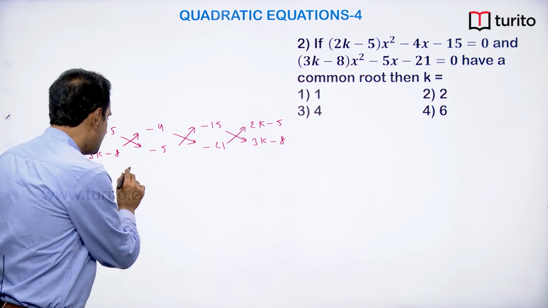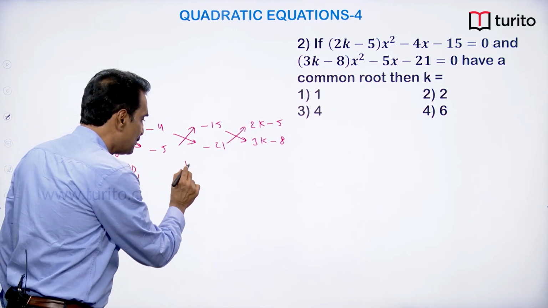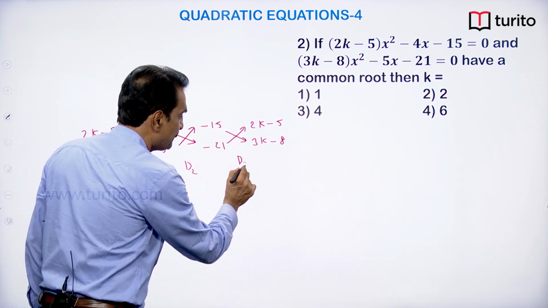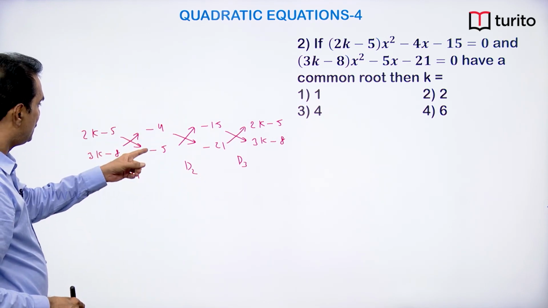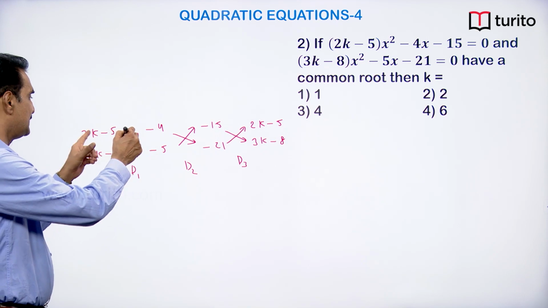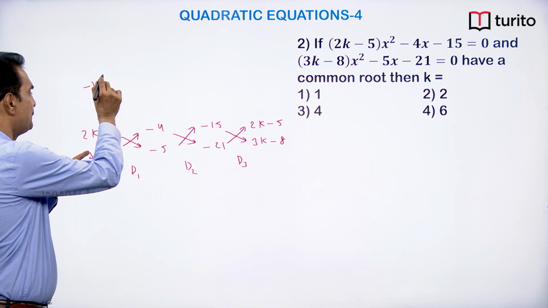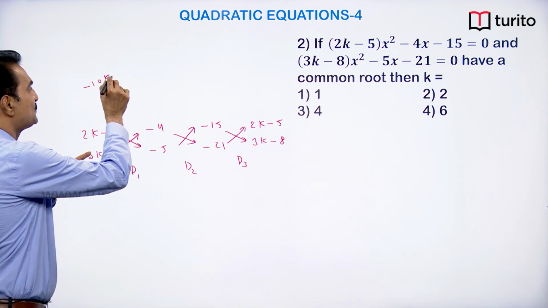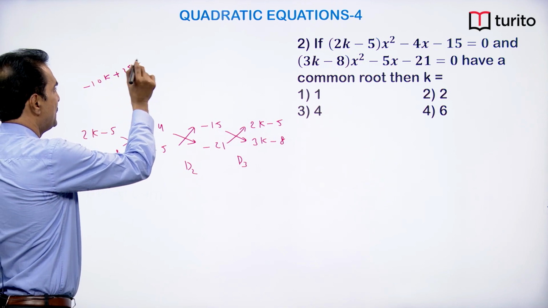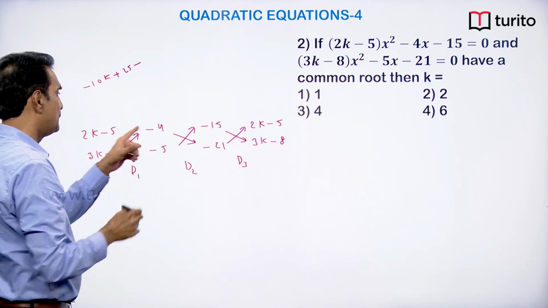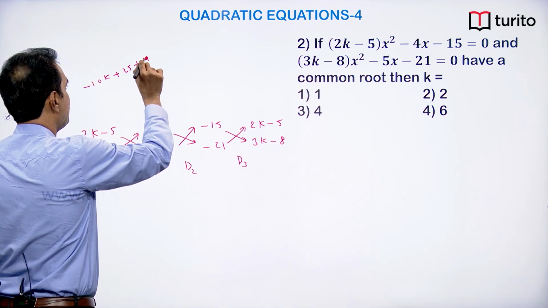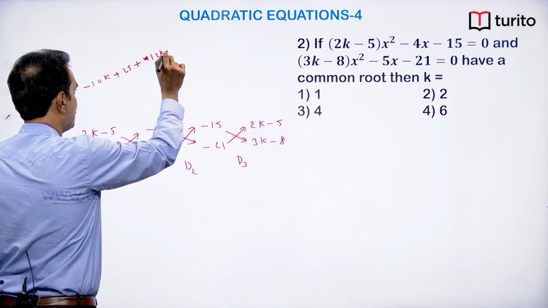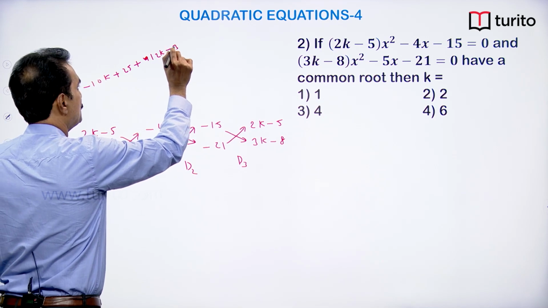Now this is d1, d2, d3. I will write separately. d1 is how much? I will calculate this into this, minus 10k plus 25, minus of minus plus 4 into 3k, 12k minus 32.